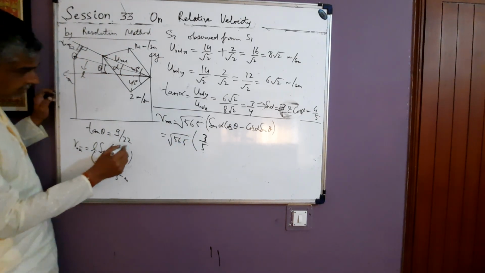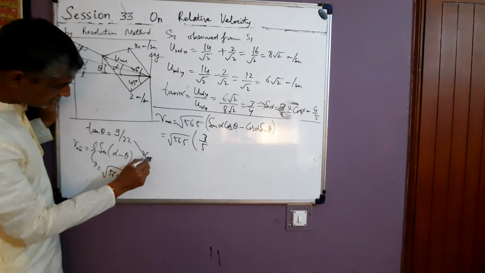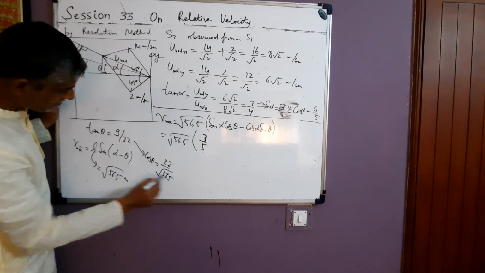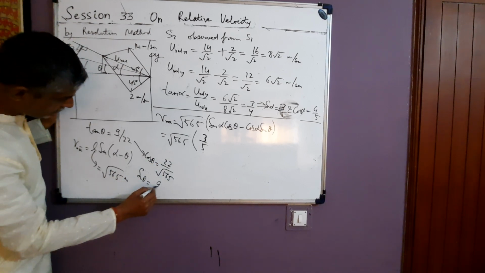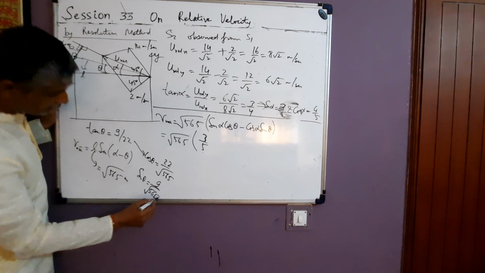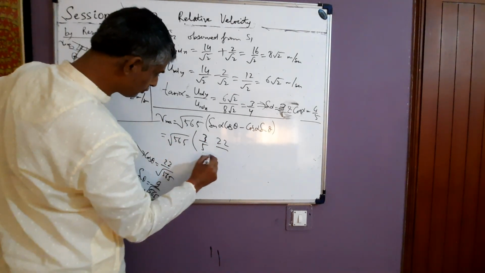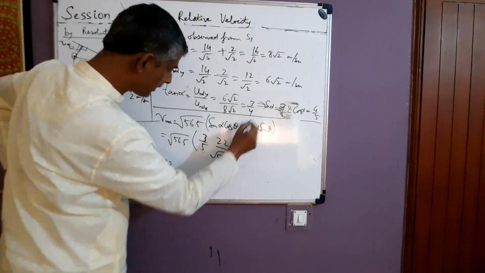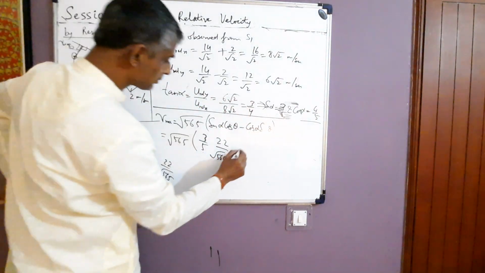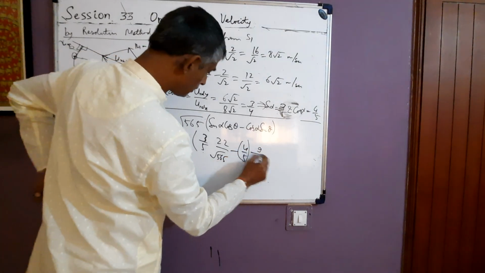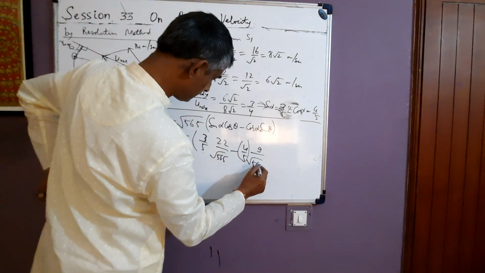Tan theta is this much. From this we see that cos theta will be how much? 22 by root 565 and sin theta will be how much? 9 by root 565. Substitute both of them here. Cos theta is 22 by root 565 minus cos alpha. Cos alpha is how much? 4 by 5 into sin theta, 9 by root 565.